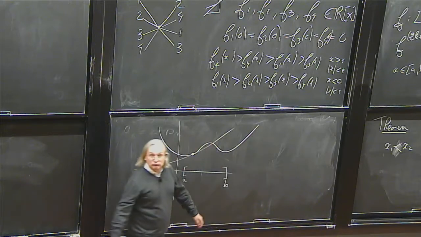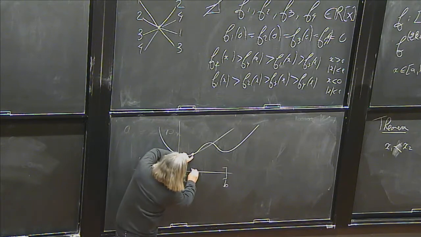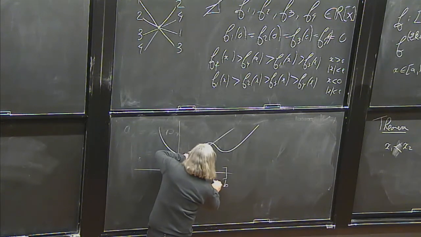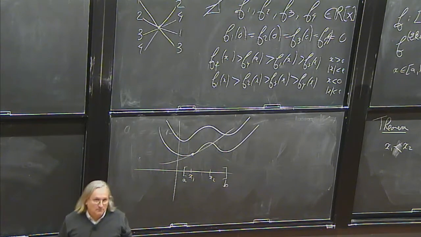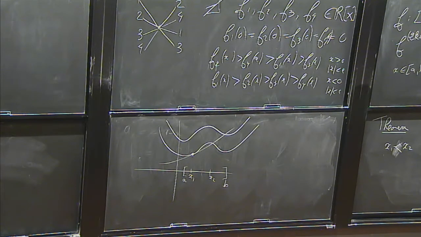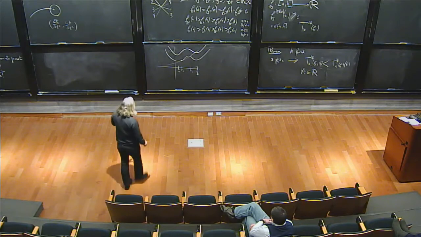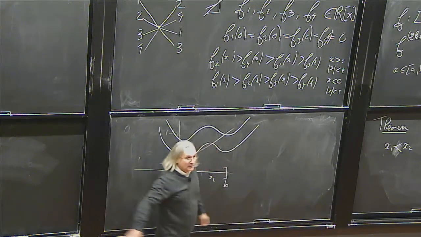This is the Taylor polynomial of degree 4 of f at the point x1. And now you take x2, and the theorem says they don't intersect. So not only do they not intersect on AB, but they don't intersect at all over the real line.